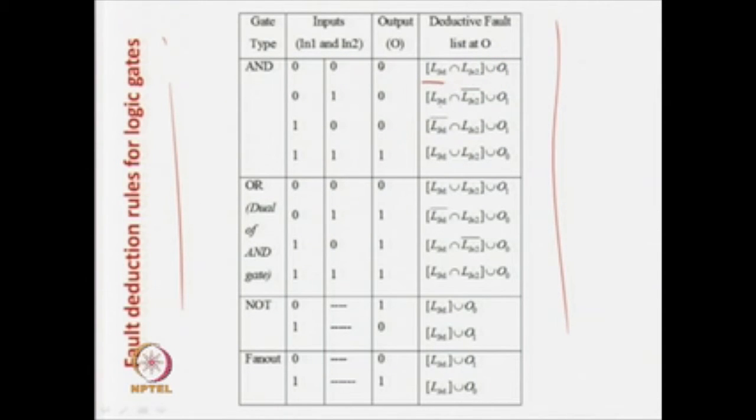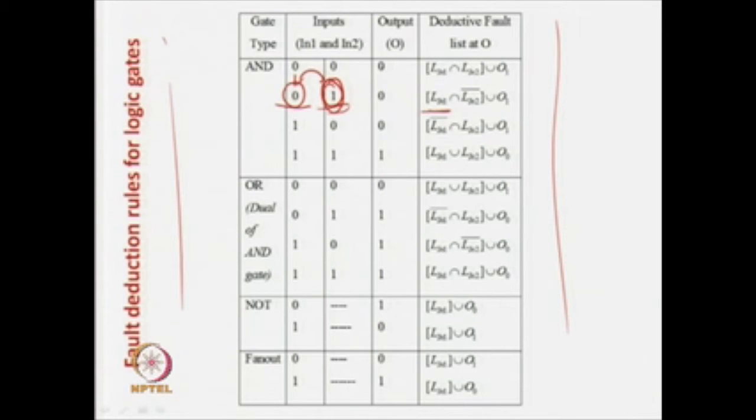Now, you see this case 01. Whatever fault is in this list, that is the list of in1, will be propagated, but at the same time you have to ensure that any fault at this net will not be propagated. That is, if there is some common fault over here and here, it is not propagated. So, all the fault list here will be propagated and all the fault list at this point will not be propagated.